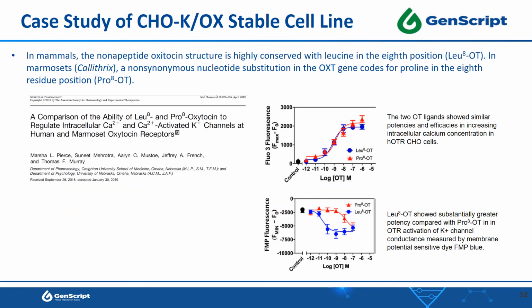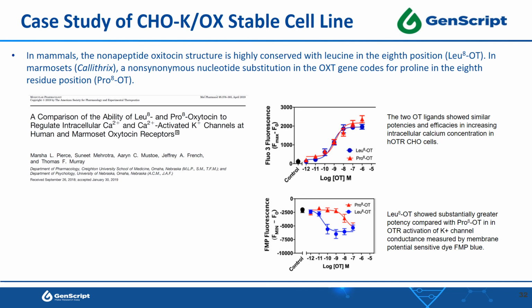At last, I want to share with you a case study of the Troca oxytocin stable cell lines, published by Professor Pierce with her colleagues from the University of Nebraska. In mammals, the non-apeptide oxytocin structure is highly conserved with the leucine in the 8th position.